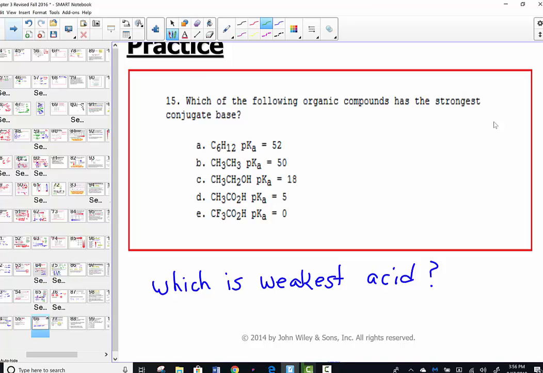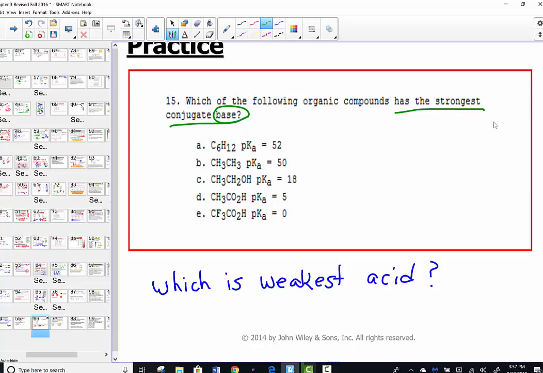Which of the following organic compounds has the strongest conjugate base? And they gave us the pKa values. So what I'm thinking about is how to best phrase this. If I want to know the strongest conjugate base, but they're giving me pKa's, not kB's, I want to flip this question around to say, the strongest base means the weakest acid.